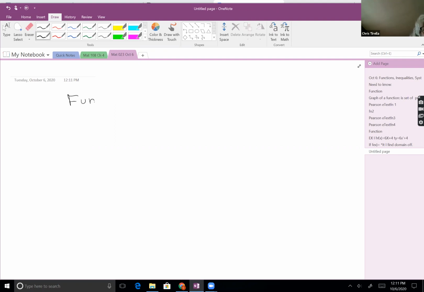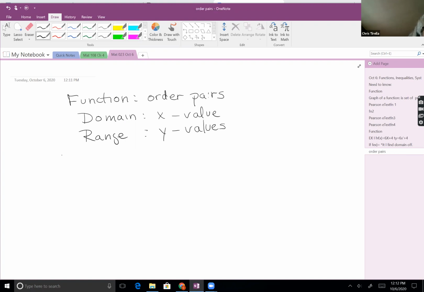So for a function, it's the set of ordered pairs. The domain are the x values. The range are the y values. If it's a function, each x is used only once. When we're looking at a graph, we can use that vertical line test.